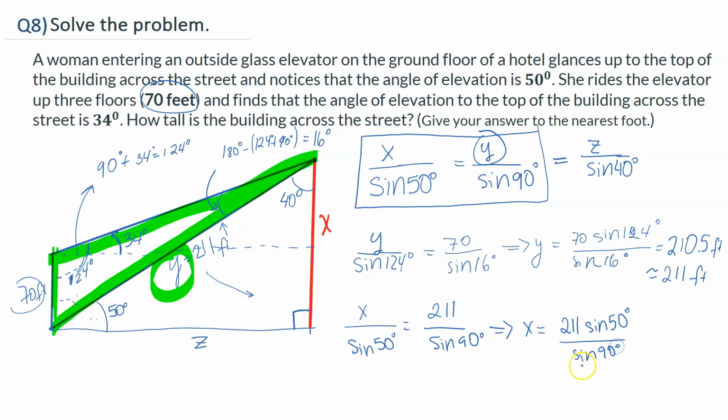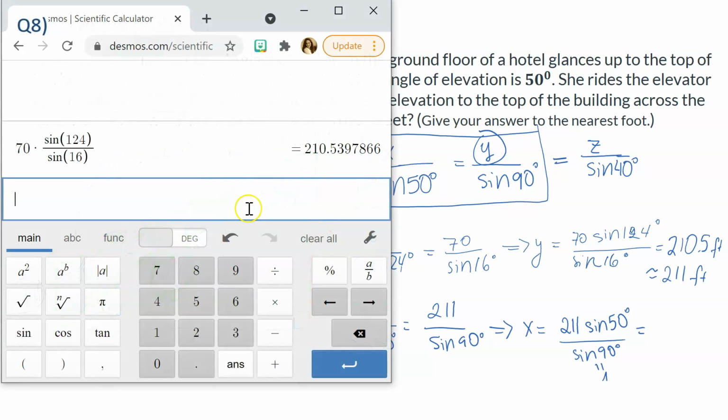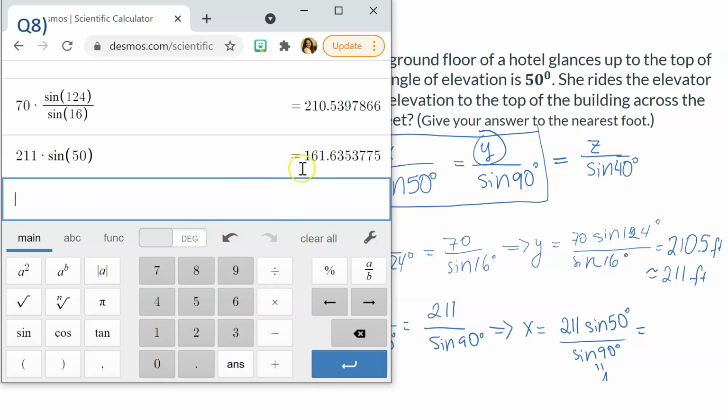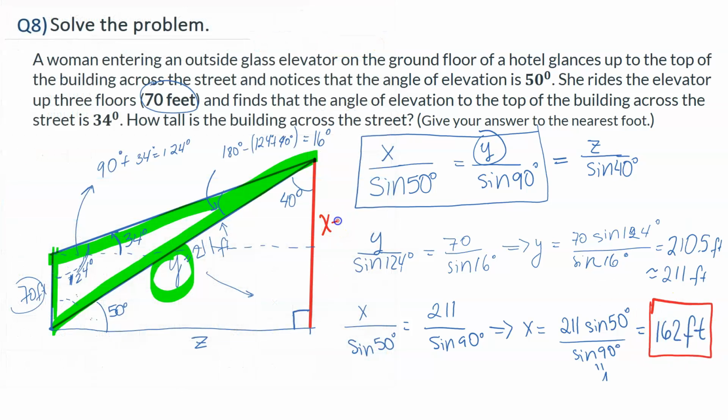And again, let's use Desmos calculator. 211 times sine of 50 degrees equals 161.6, rounded to the nearest foot, 162 feet. The height of the building is 162 feet.